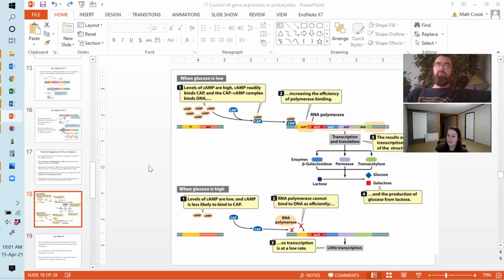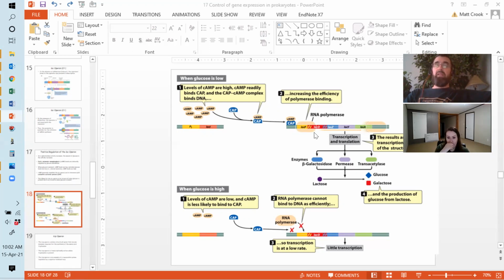No. Okay, so again, remember, lac I binding or not is the big one. So if lac I is bound to the operator, it doesn't matter if no glucose is present, and it doesn't matter how much cyclic AMP is present.